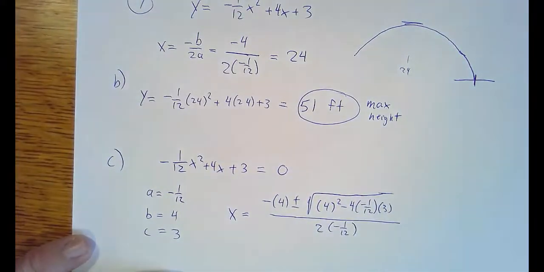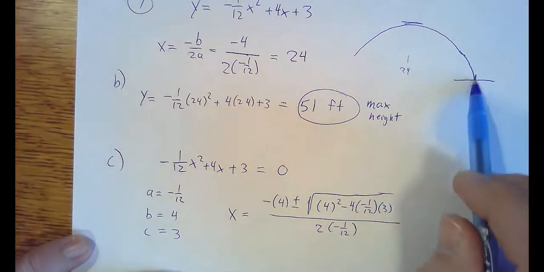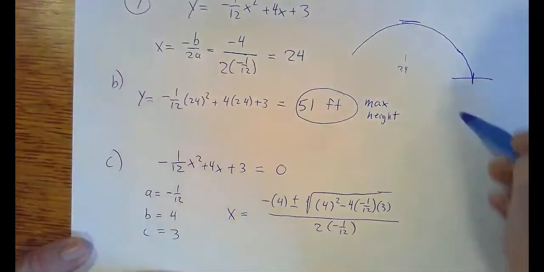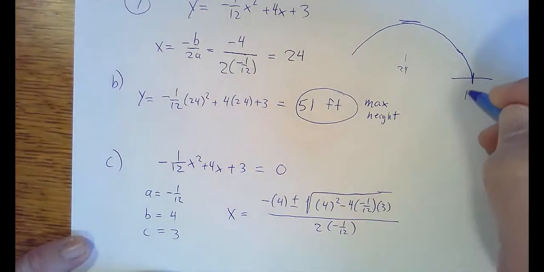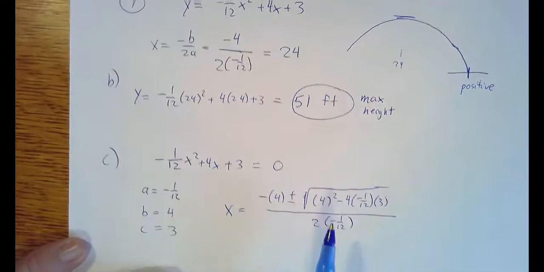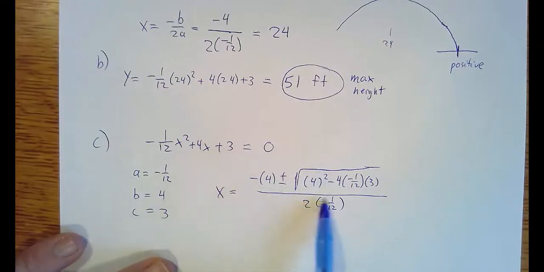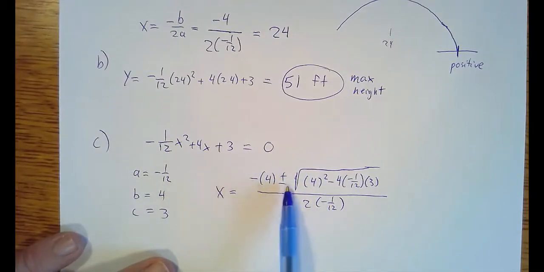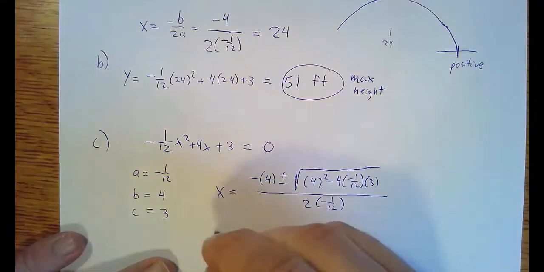Now, you would get two solutions to this expression, but there's only one time when the ball hits the ground, and it's going to be a positive value for an x-intercept. So when I look at this expression, the way this fraction will be positive is if the numerator is negative, because the denominator is already negative. So this minus 4 minus this expression divided by this, that's actually going to be the solution that I want.